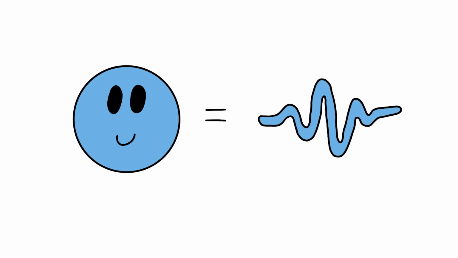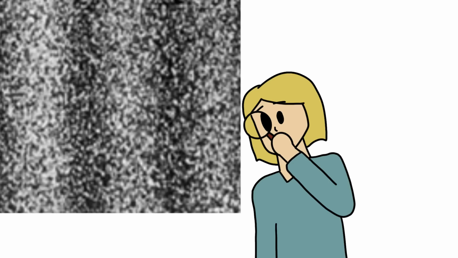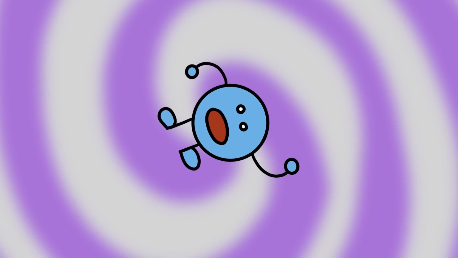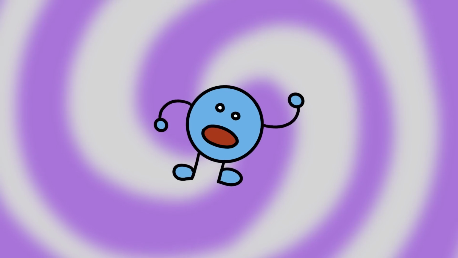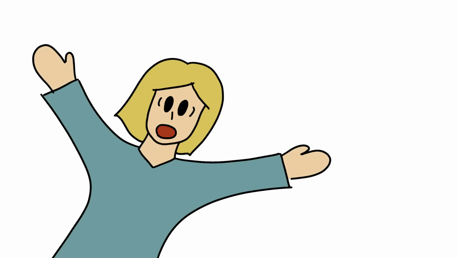Okay, so electrons are waves, but if we look closely at the interference pattern, we see that it consists of dots. Each dot is an electron that hit the screen, but that is not what you would expect for a wave. Wouldn't those give a more nice smooth pattern? Does this mean that electrons are small little objects after all and not waves? What is going on? Turns out the answer is some quantum weirdness.